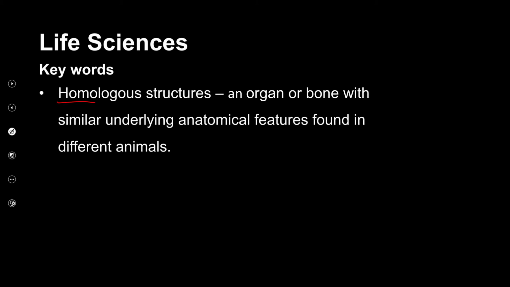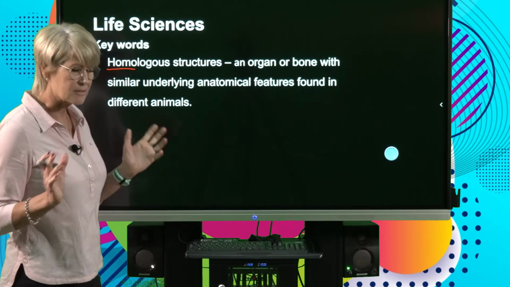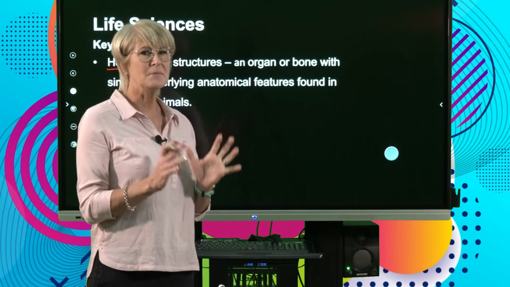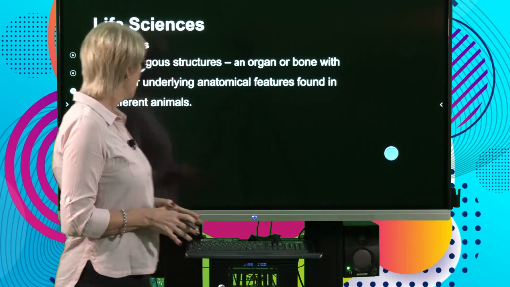So homologous means similar structures. If we have a look at certain organisms, we might find organs or bones that have similar underlying anatomical features in these different animals. So although they look different on the outside, there might be something inside their bodies that is common.